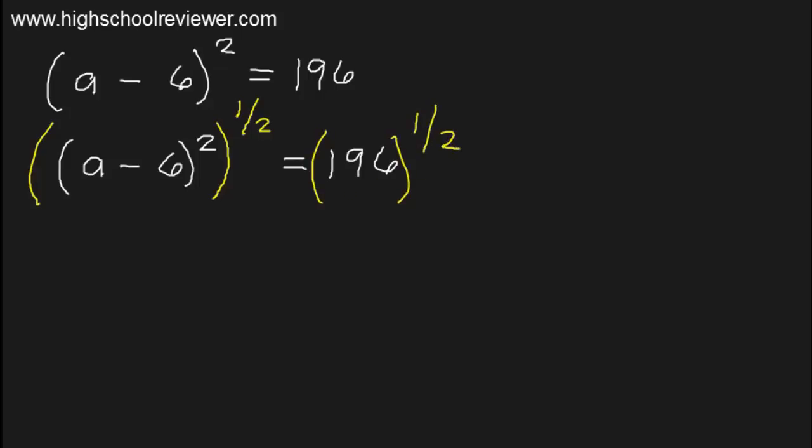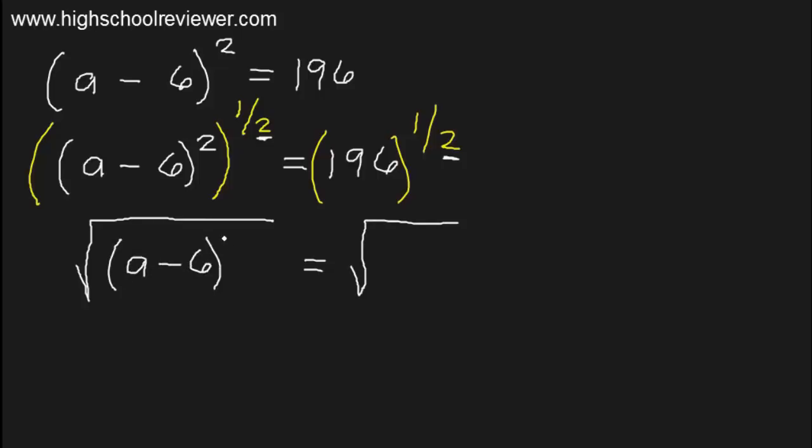Okay, so again, since the denominator is 2 for the exponent, this will be equivalent to the square root. So we will also have here the square root. So this will be the square root of a minus 6 raised to 2, and this will be raised to the exponent of 1, which is the numerator.